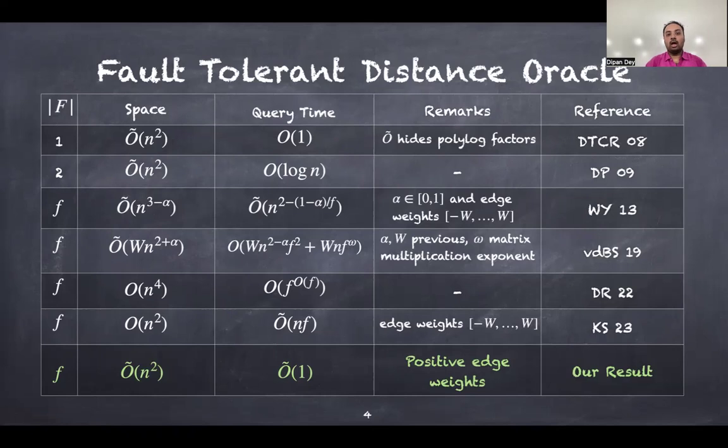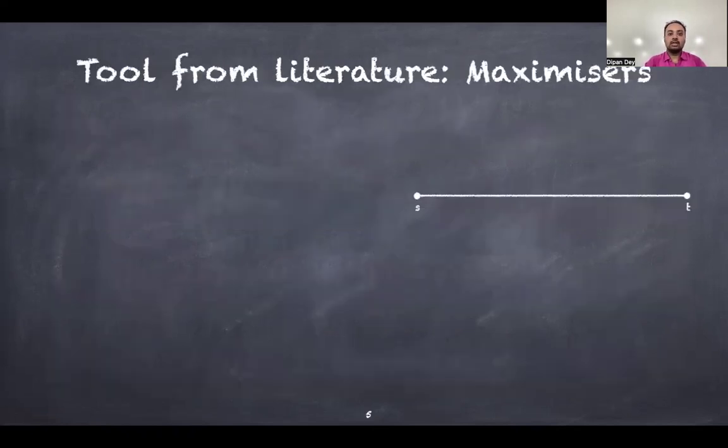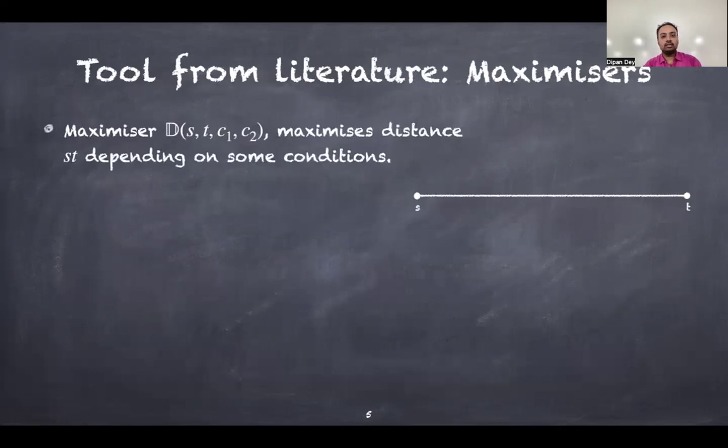Before discussing what we do in fault-tolerant distance oracles, let us discuss a tool from the literature, known as a maximizer. The maximizer D(S,T,C1,C2) maximizes the distance from S to T depending on some conditions mandated by C1 and C2.